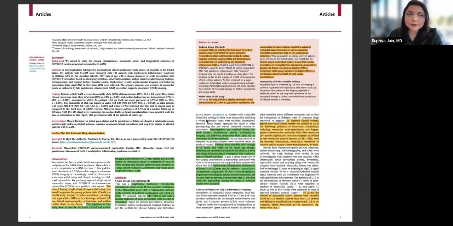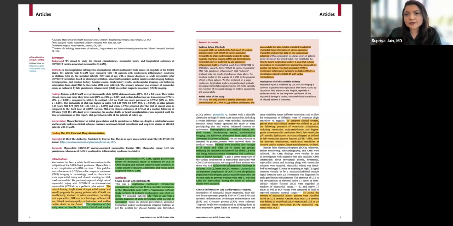We included as a comparison cohort the MISC patients, since that was an important complication of COVID-19 in the pediatric age group with frequent cardiac manifestations, which the vaccine sought to prevent. And so we included those MISC patients who had CMR during the acute and subacute phase of illness.